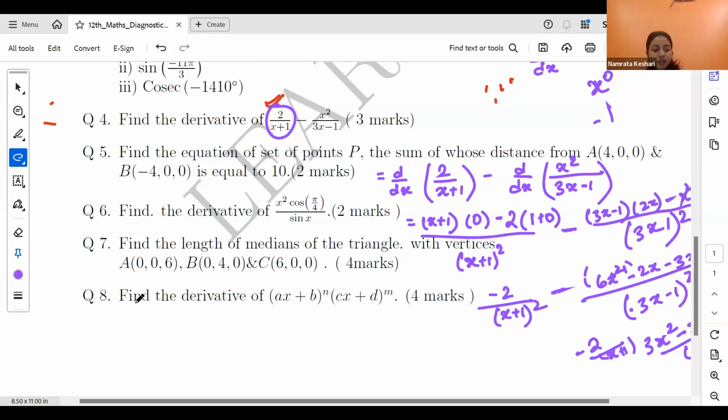Matrices you already understand. After that, we can take the chapter determinants, because in your school also, once the matrices chapter is over, they will take the determinants, right? Yes. So here also we can take the determinants and then pick the calculus.